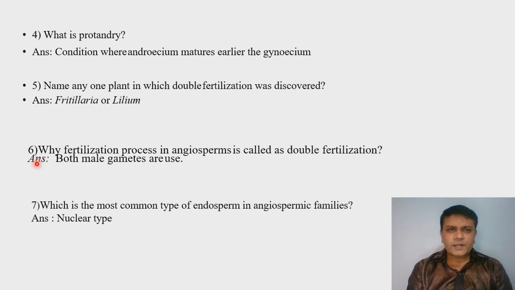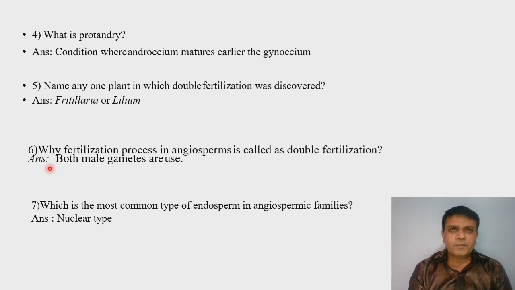Then the next question is why fertilization process in angiosperms is called as double fertilization. Now you have already learned regarding the process of double fertilization, and it is the characteristic feature found in angiosperms only. Now you know that pollen grains produce two male gametes. Hence, the fusion of these two male gametes occurs twice at two different places.